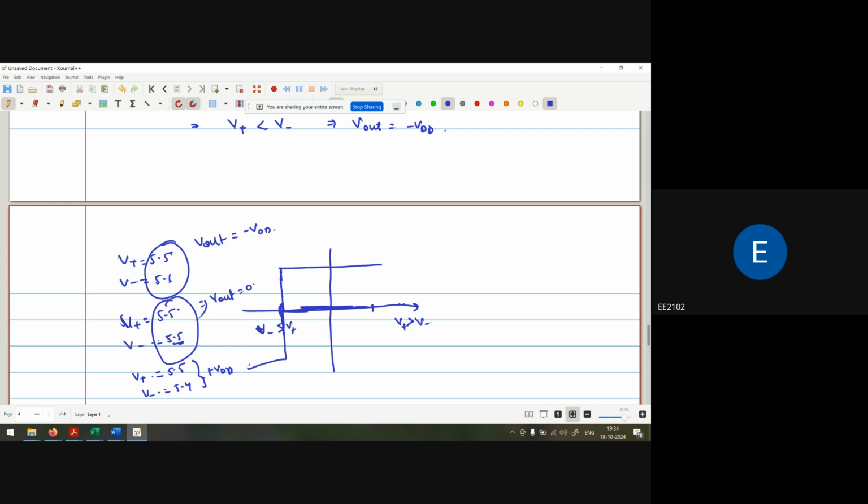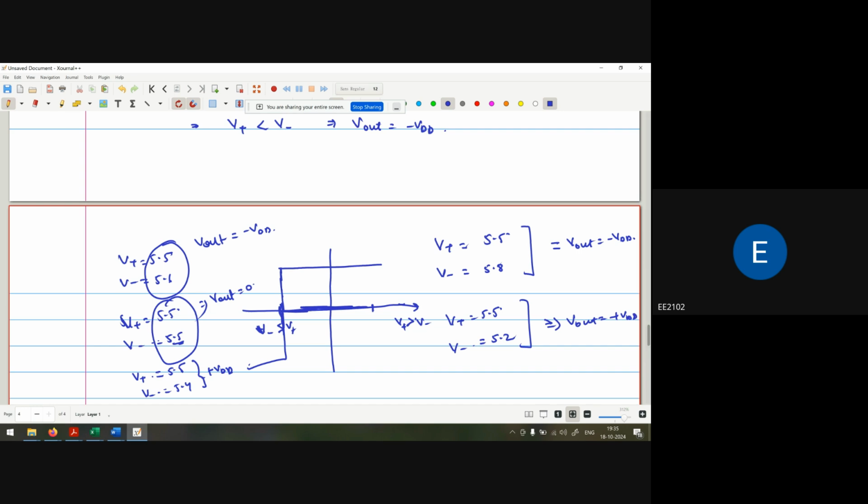Okay, so what it says is, I have a V plus of 5.5. Now it will be decided that if V minus is 5.8, we are getting V out as minus VDD. If V plus is again 5.5 and V minus is 5.2, we are getting V out as plus VDD.